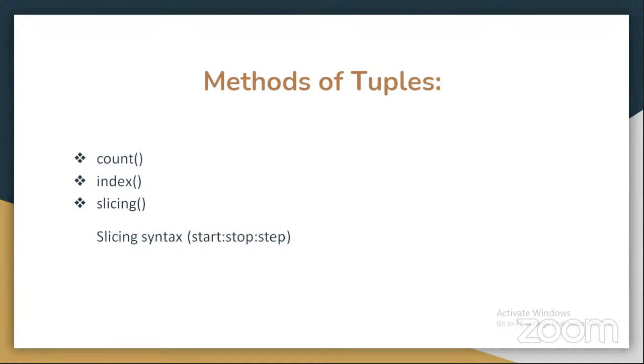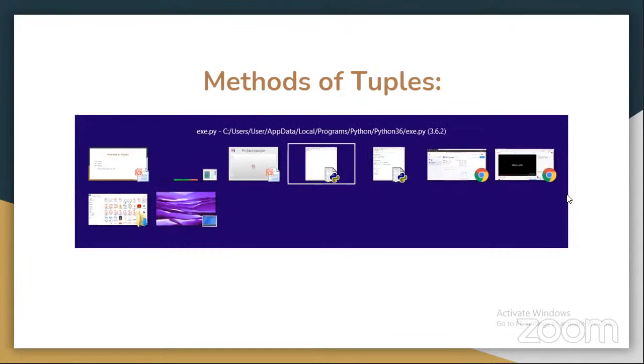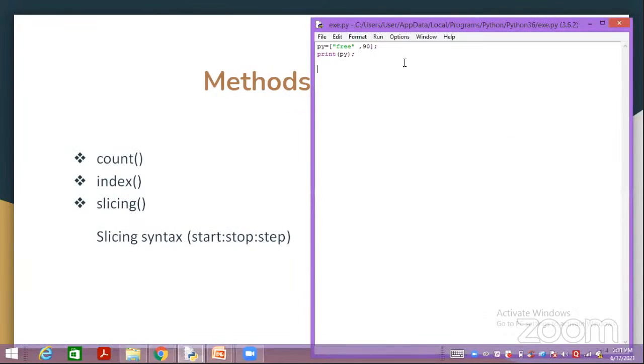Now let us discuss methods. Count counts the elements we specify, as we have counted list items. Likewise, we need to create a tuple.